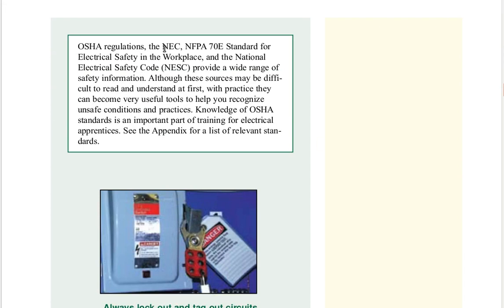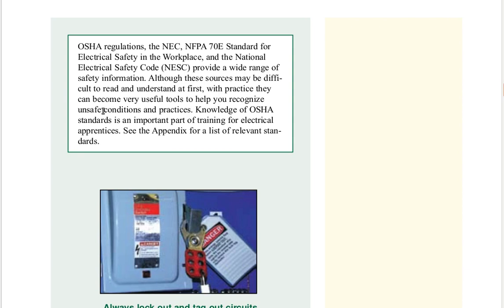OSHA regulations, the NEC, the NFPA 70E standard for electrical safety in the workplace, and the National Electrical Safety Code, NESC, provide a wide range of safety information. Although these sources may be difficult to read and understand at first, with practice they can be very useful tools to help you recognize unsafe conditions and practices.